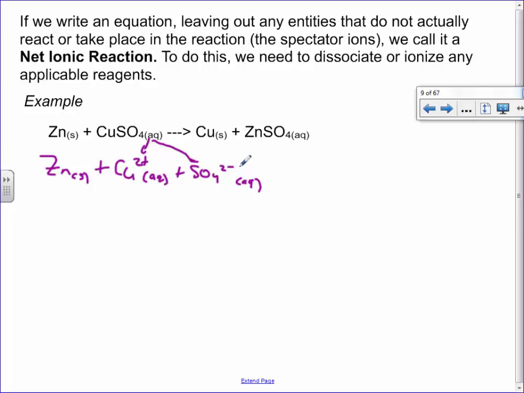Does that make sense so far? Okay, on the other side of the equation, I have solid copper. That's not changing. But the zinc sulfate, I can break up into Zn 2 plus and SO4 2 minus.